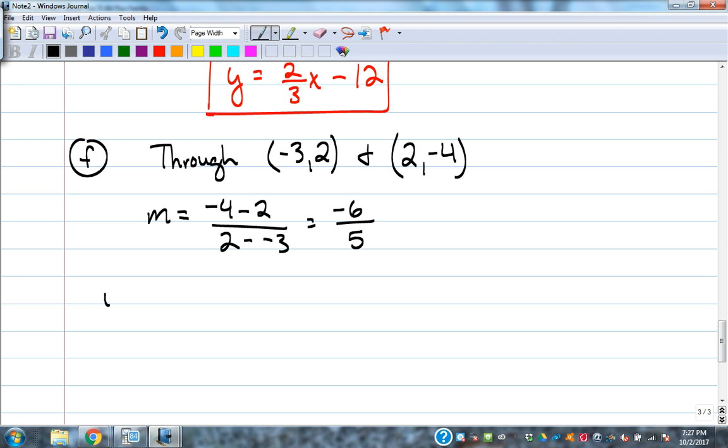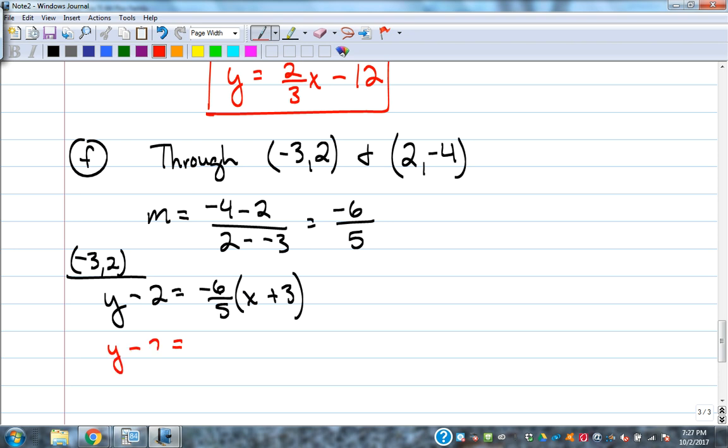When we worked that, y minus 2 equals -6/5 times x plus 3. That was the point slope form when you're using the point -3, 2. If I work that and get y by itself, it's got a fraction in it. Yeah, that's ugly, but it's okay. It's just part of life. -6 over 5x minus 18 over 5.